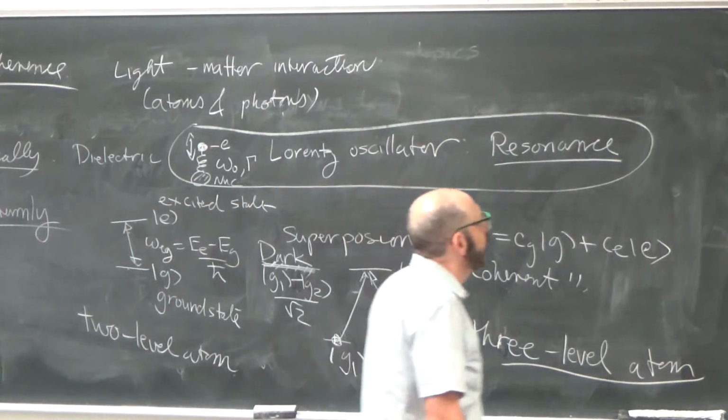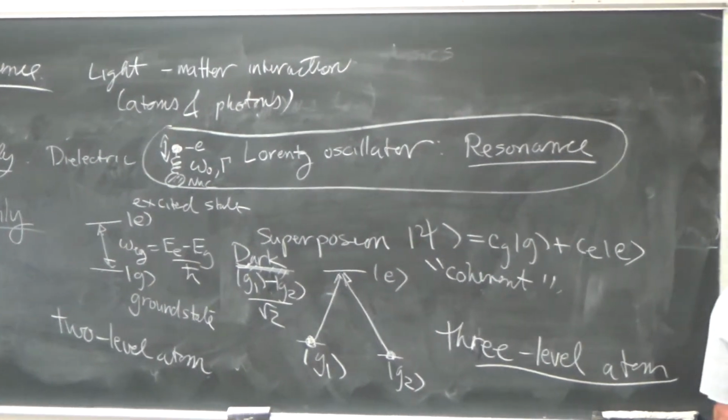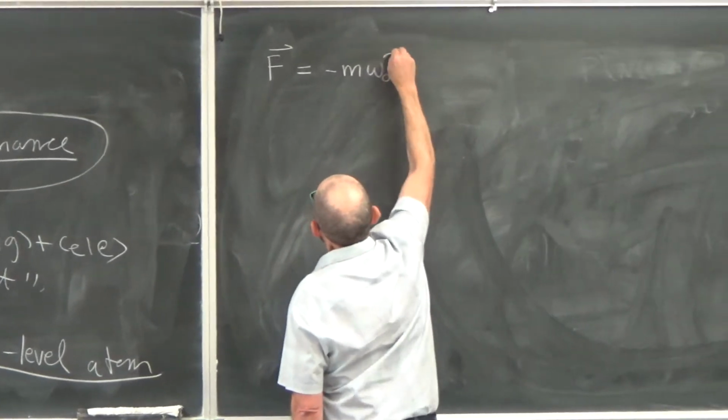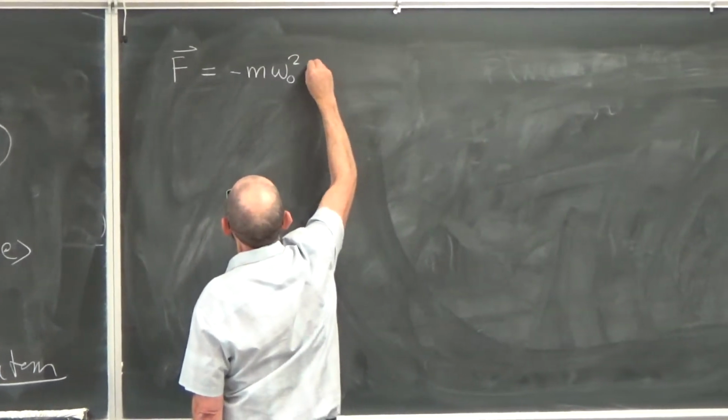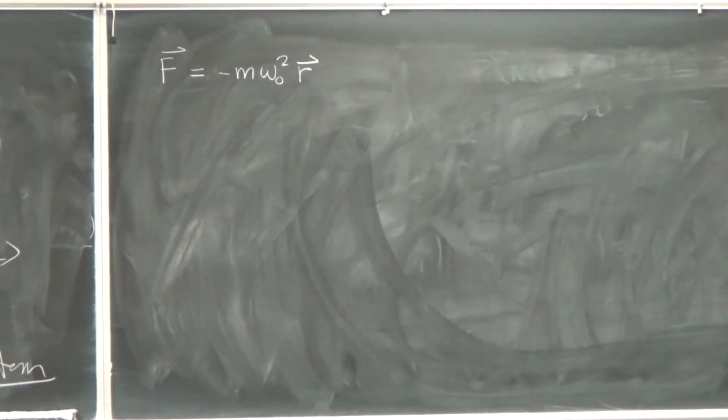So there is the force on the electron, the binding force, the restoring force, where that electron is displaced by some amount r from equilibrium.